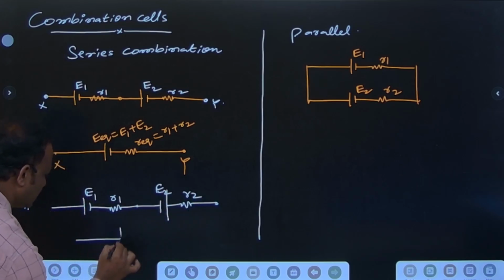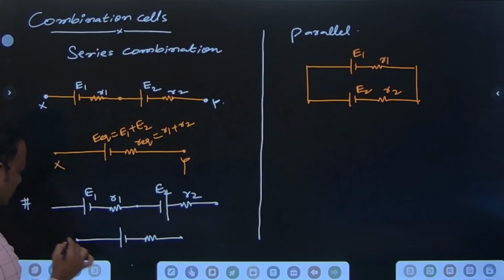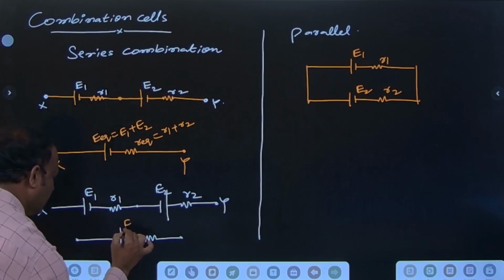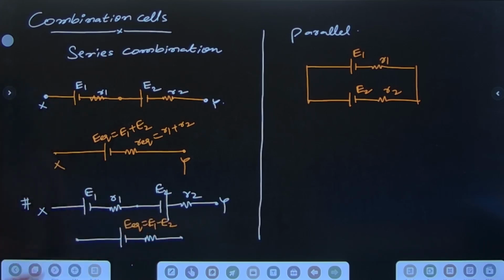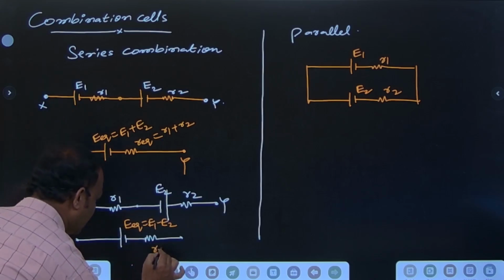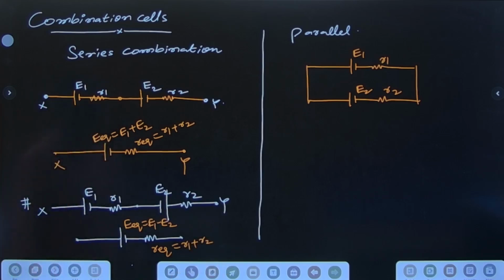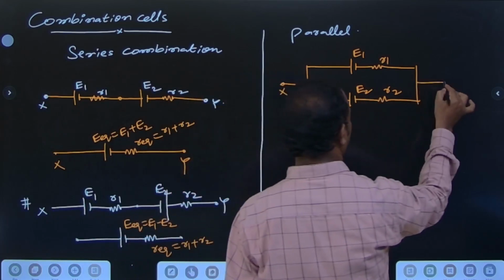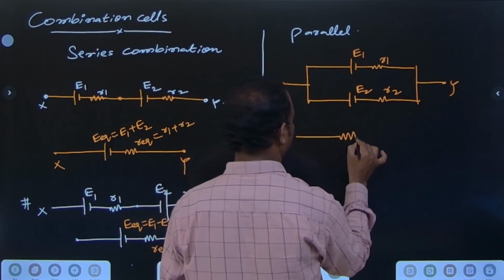Now I can say E equivalent is equal to E1 minus E2, because both are connected with opposite terminals. R equivalent is the same thing, R1 plus R2. For the next one, here this is X and here is Y for the parallel combination. So these two become an equivalent.